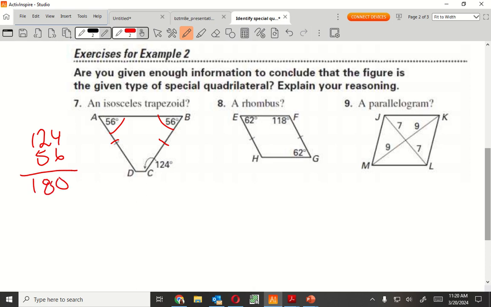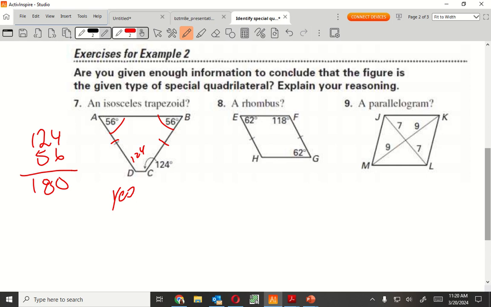Because that's 180, this one also has to be 124, and that gives me enough information to say that yes, because that one is also the same. Since the legs are the same, so are the feet. Even though it's not shown that it's parallel, we have enough information to show that it is parallel because they are supplementary.